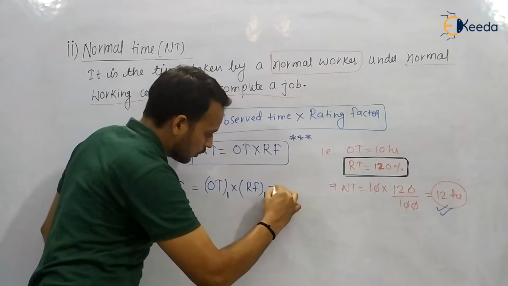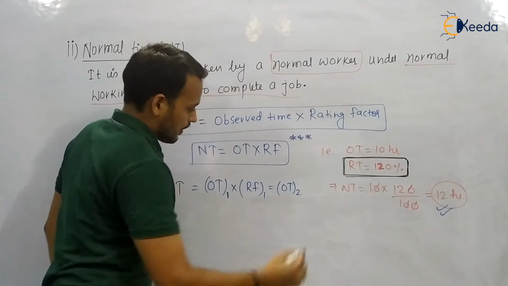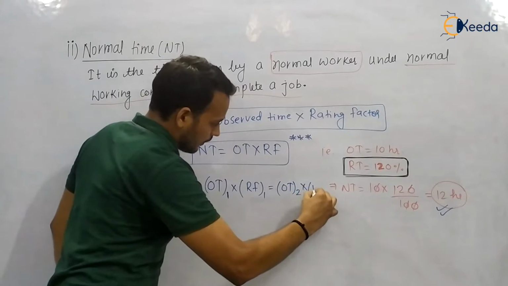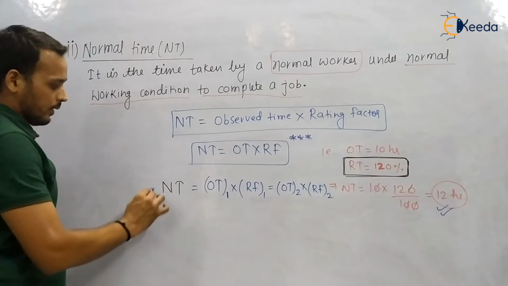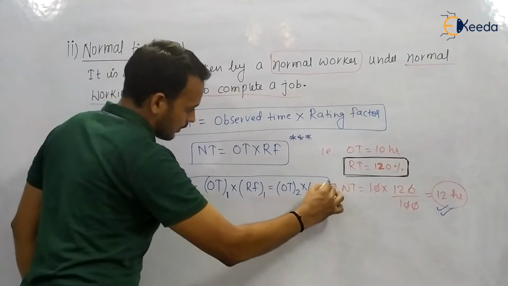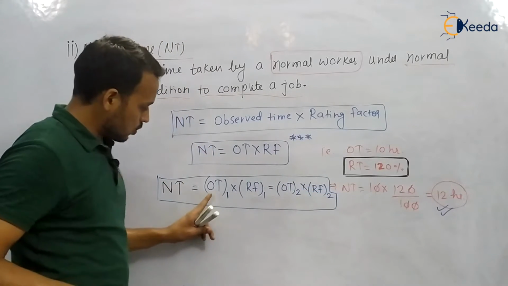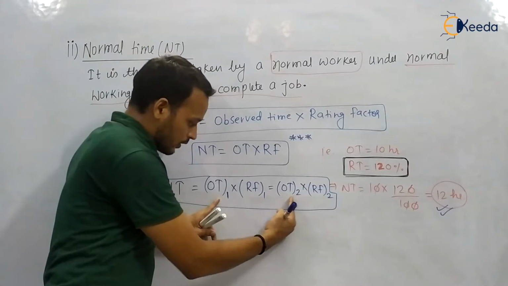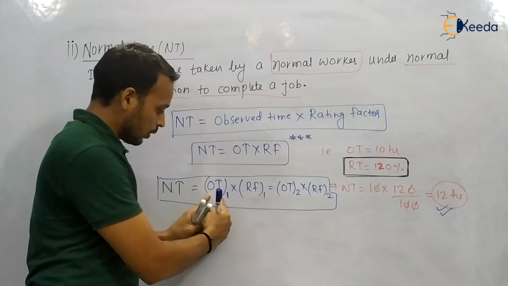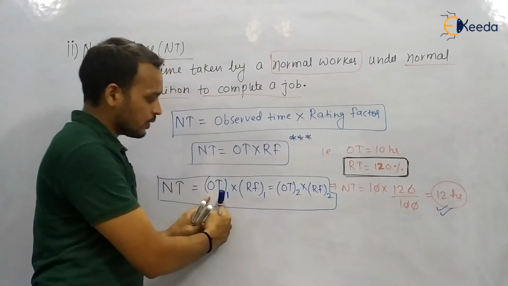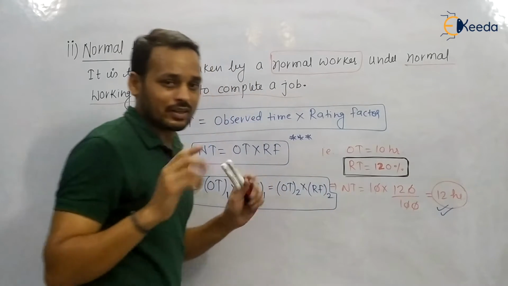This is going to be equal to the observed time of the second worker into the rating factor of the second worker. Since the normal time is fixed to make this marker, and we have chosen two workers to complete this work, the product of observed time and rating factor is the same for both.